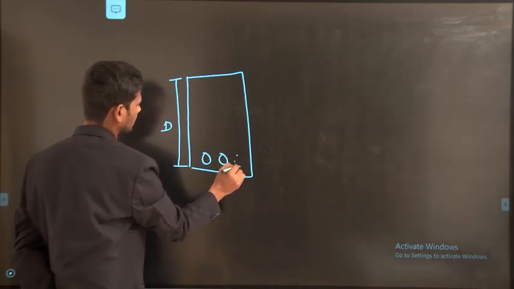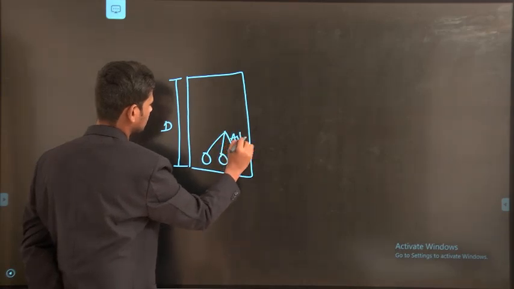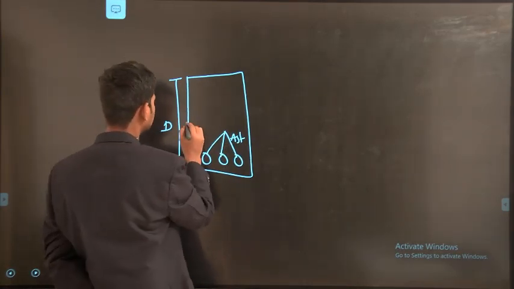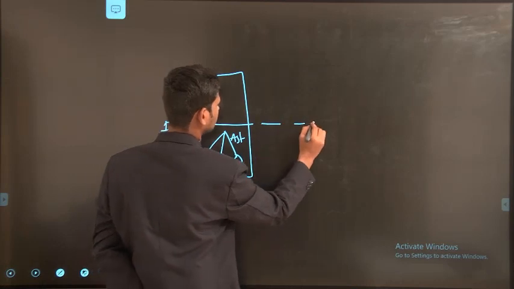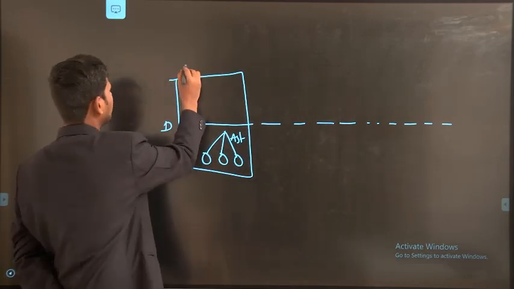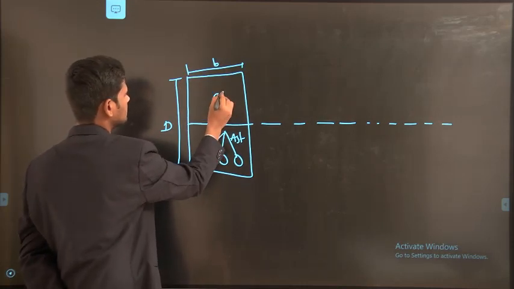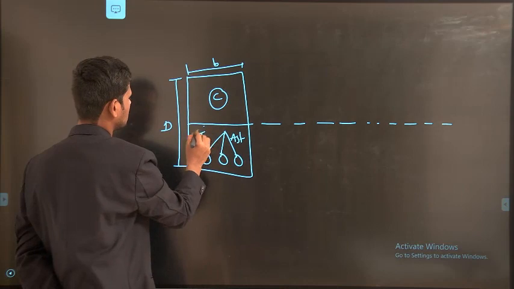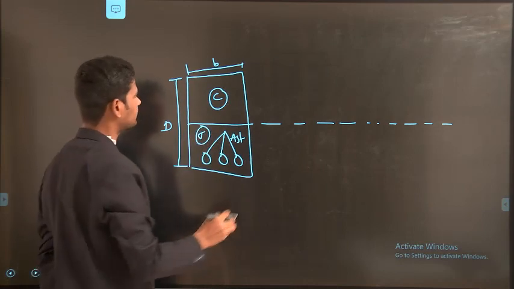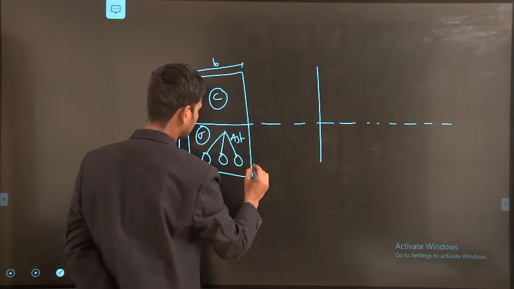Here we are providing the area of steel as Ast. This is your neutral axis, where b is the width of the section, C is the compression face, and T is the tension face.